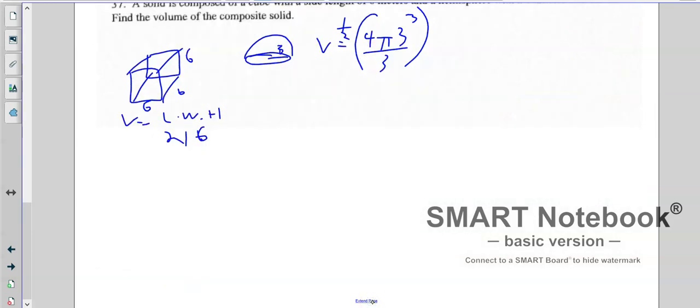So when I crunch the numbers, 3 cubed times 4 divided by 3, take that answer and divide by 2, I get 56.5 for the volume of my hemisphere. Then all I do is add those two together, and I get 272.5. This is volume, and it's meters, so it's cubic. And that's it.